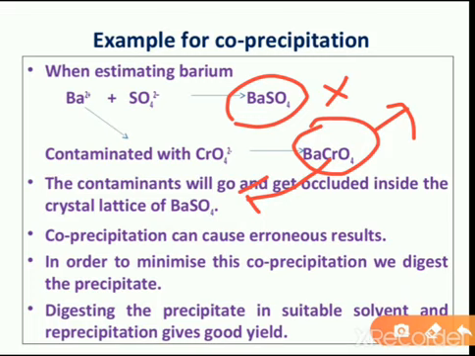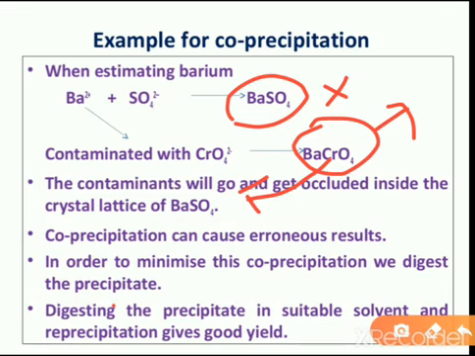Some effects of co-precipitation in gravimetric analysis are that, because of co-precipitation, positive or negative error may result, whether the amount of the precipitate increases or decreases, as the substance has more or less molecular weight than that of the precipitate you expected.